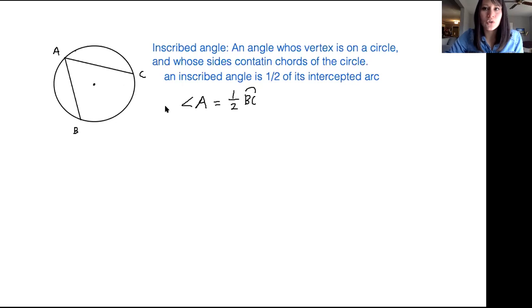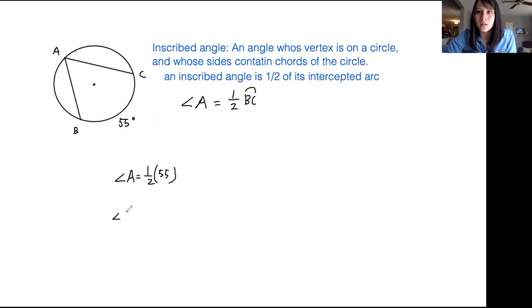And so knowing this truth, if I gave you the arc of BC, and I said the arc of BC was 55 degrees, then to find angle A, that would just be half of 55, right?